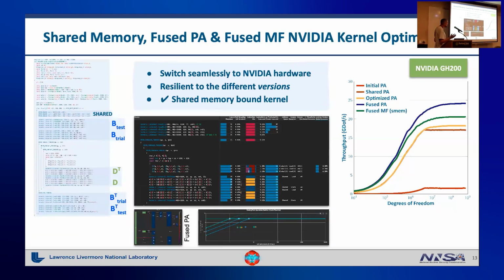Good news is that when we've done all this work, the transition to NVIDIA hardware was just seamless. It was the same exact kernel. I have to admit that the NVIDIA software stack is much more resilient to all the different algorithms that we had to develop for the AMD side.